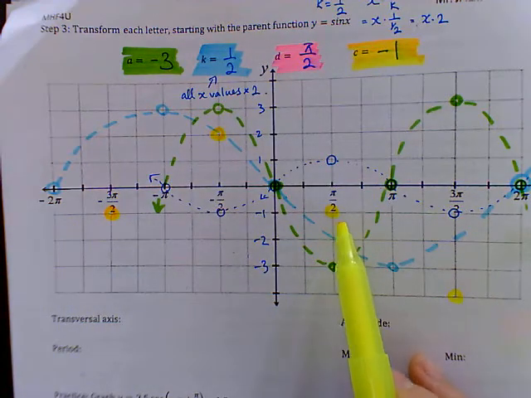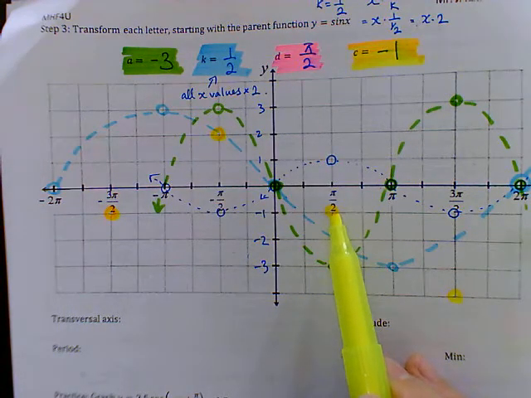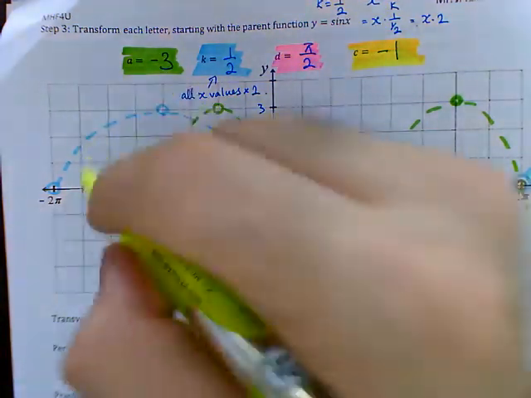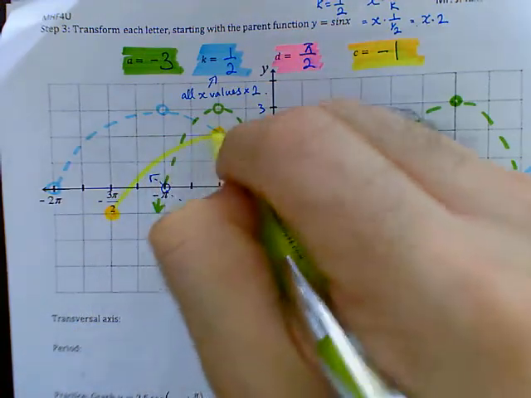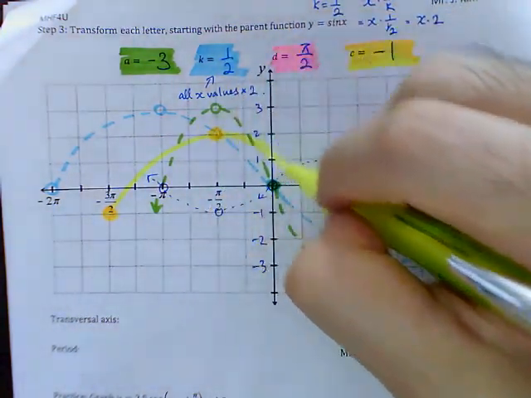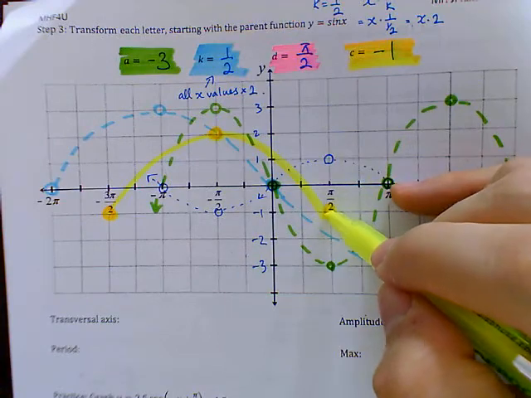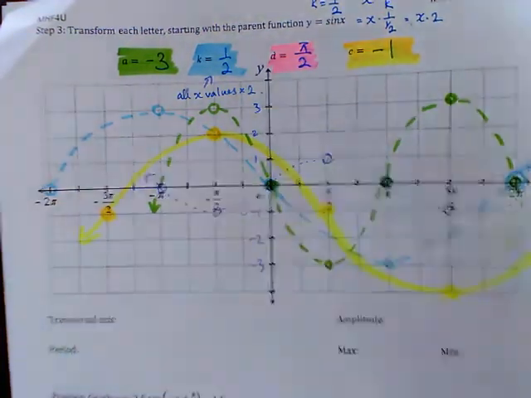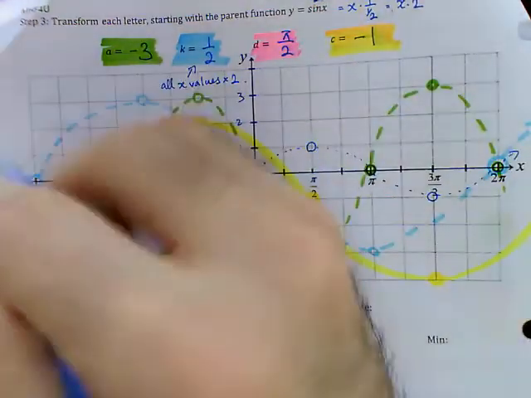Wait, is it 2 squares? Yes, which means my answer key, I did something wrong. Stupid me. Can't really see that, so I'm going to go over it.